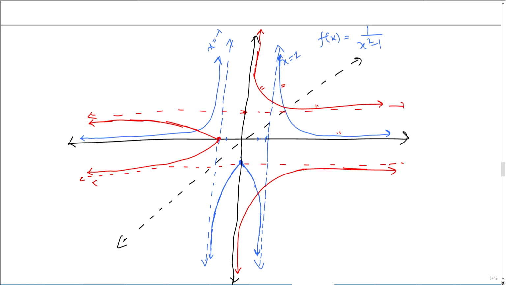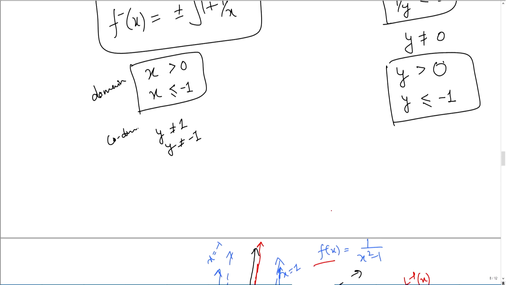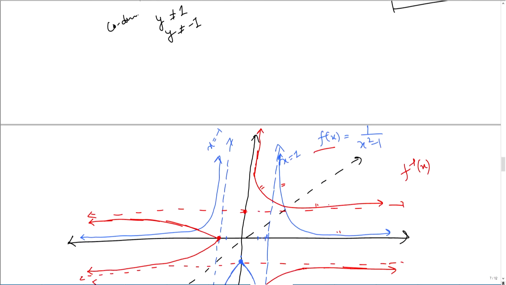The graph of this inverse function f inverse x is symmetric around the x-axis, because the graph of f of x was symmetric around the y-axis. So this is how we can draw the graph of a function and its inverse function.